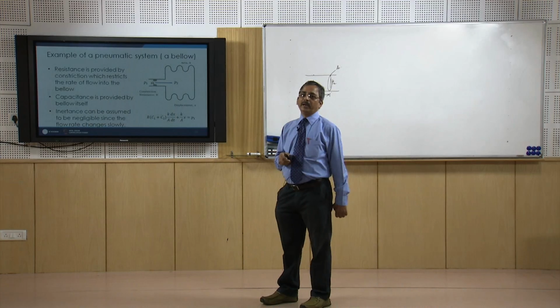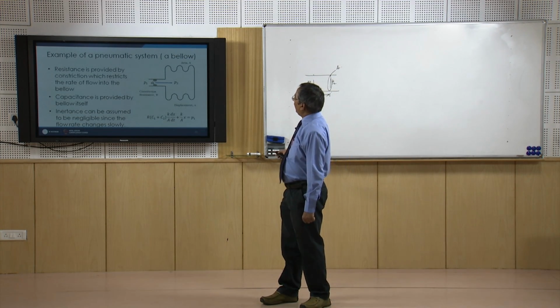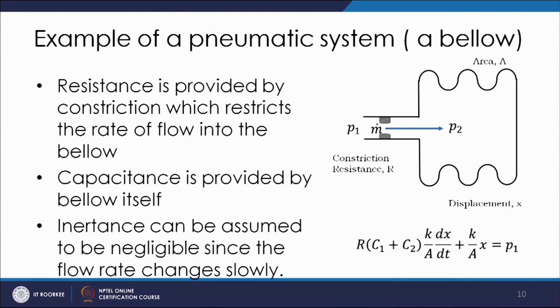Let us take a bellow. I will explain about a bellow. Suppose this is your bellow, and in this bellow there is some constriction, which essentially provides a pneumatic resistance.